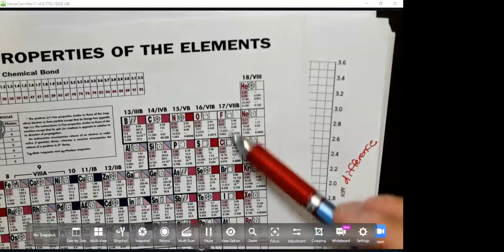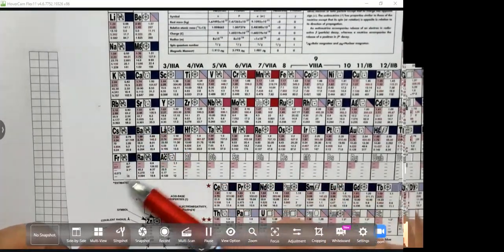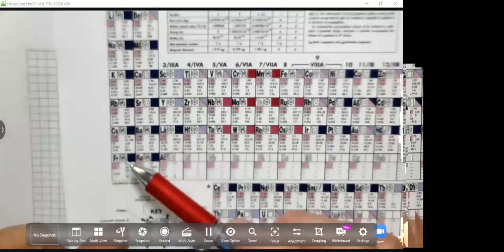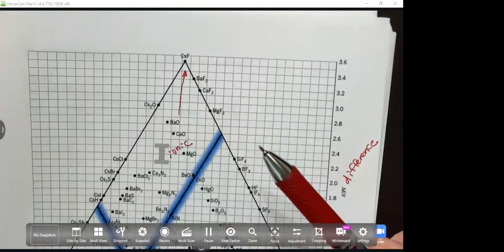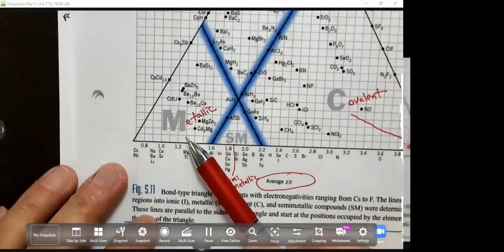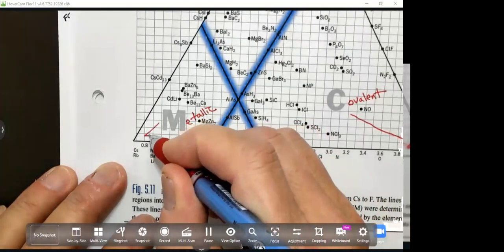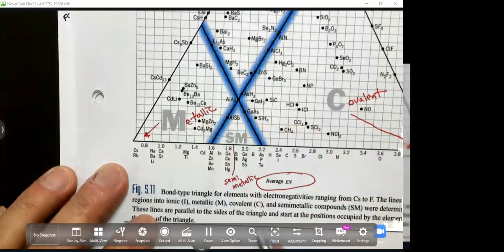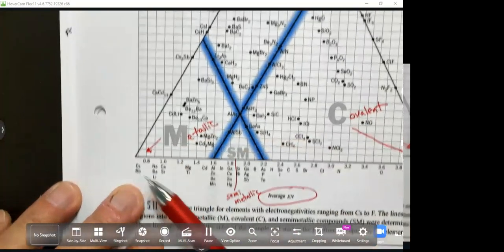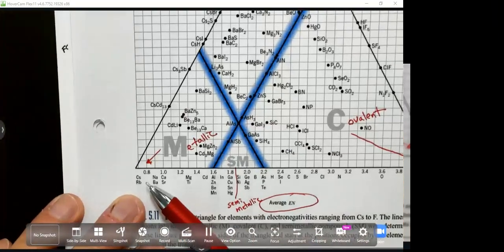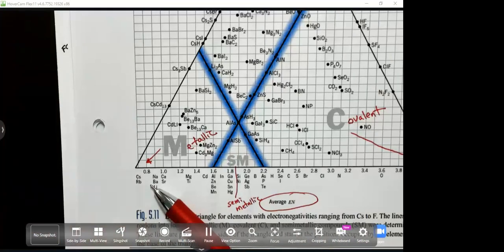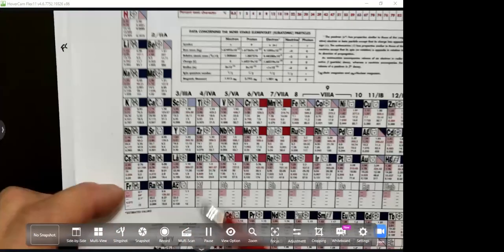So you're going to have high numbers here combined with low numbers down here. Where do you get metallic bonds? You want a low difference on the y-axis and you want a low average, right? If you have a low average, you're talking metals over here.